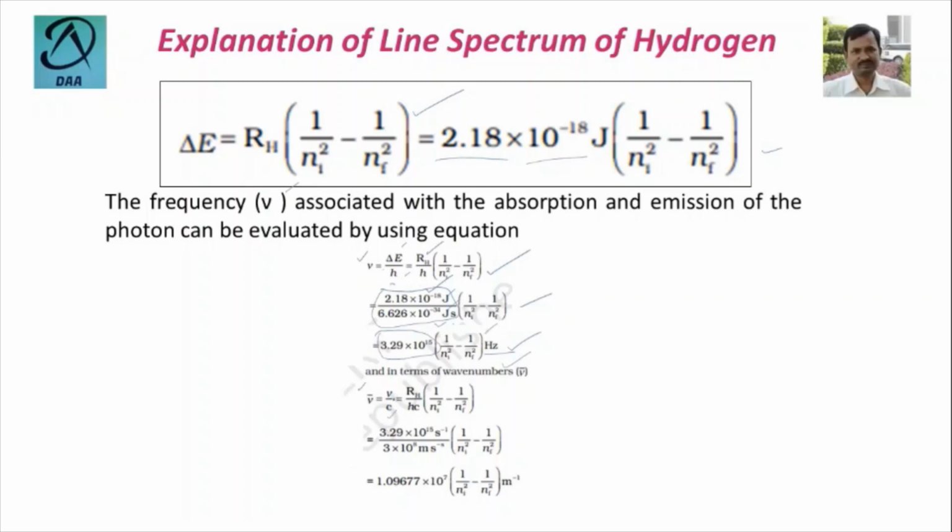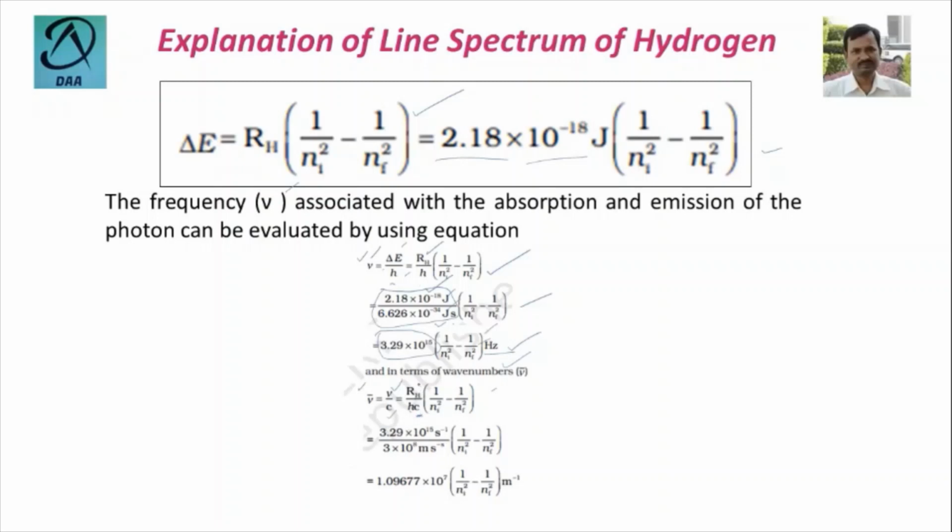If you simplify this, the frequency value is already there, so the first part is RH by hc, which is the frequency part, multiplied by 1 by Ni square minus 1 by Nf square, divided by c.